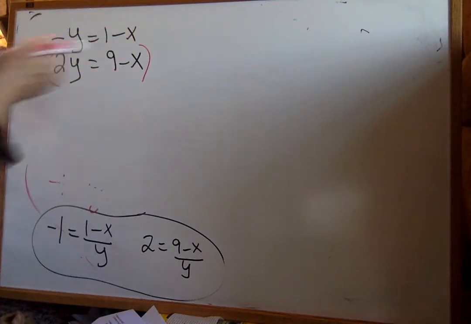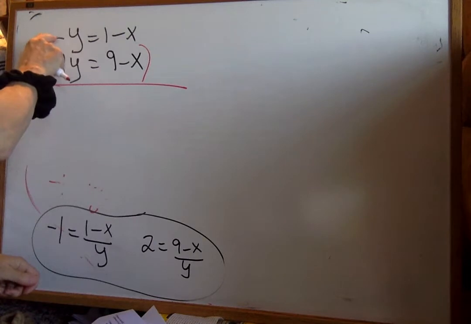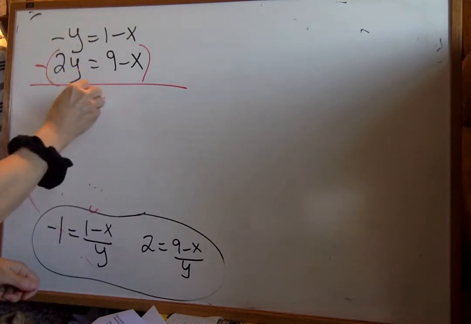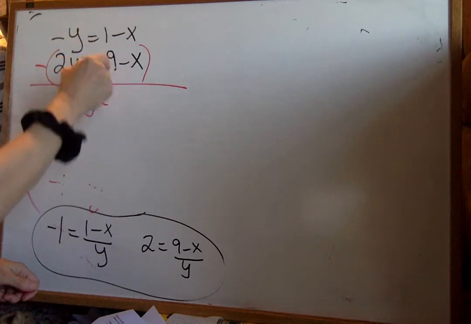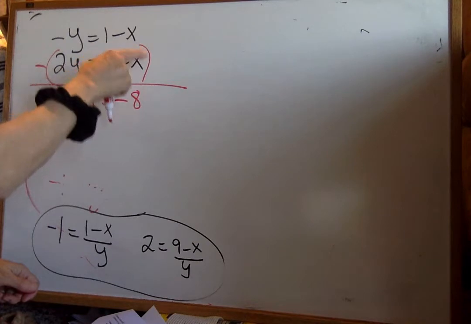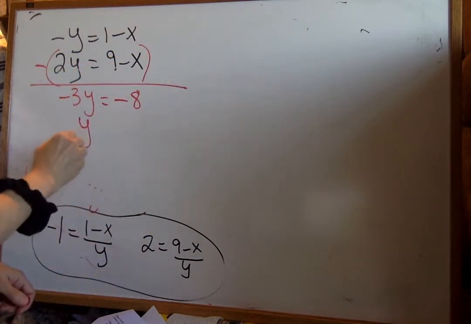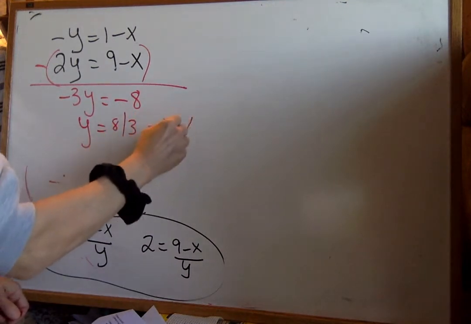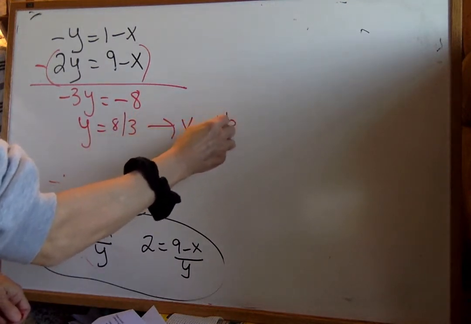My x's are going to go away. Minus y minus 2y is minus 3y. 1 minus 9 is minus 8. Minus x, basically then plus x, that goes away. Y is 8/3. And then you can stick that in wherever you want, and you'll get x is 11/3.